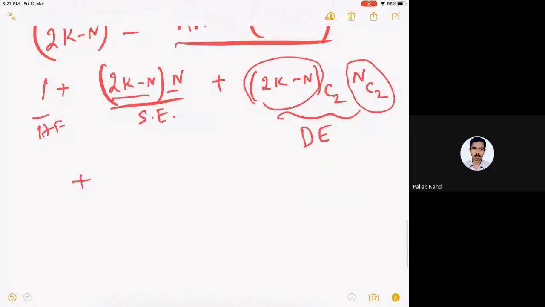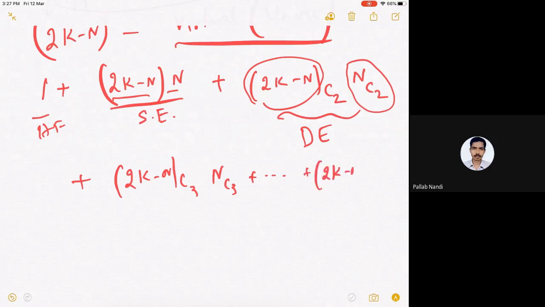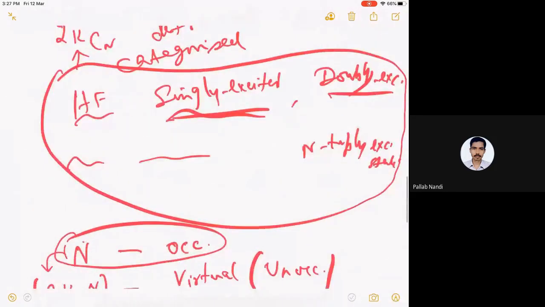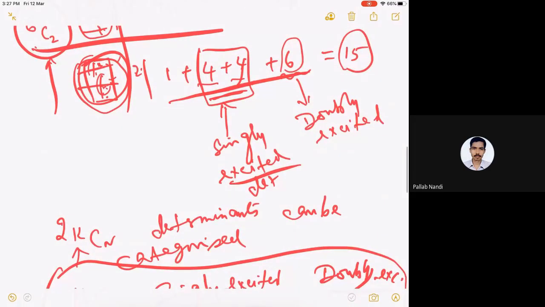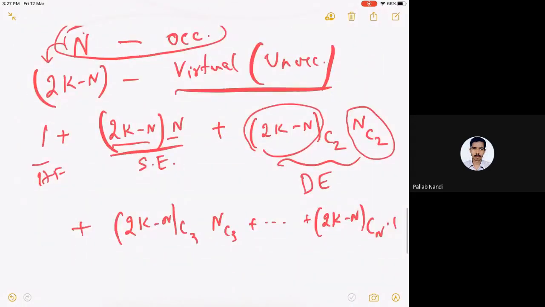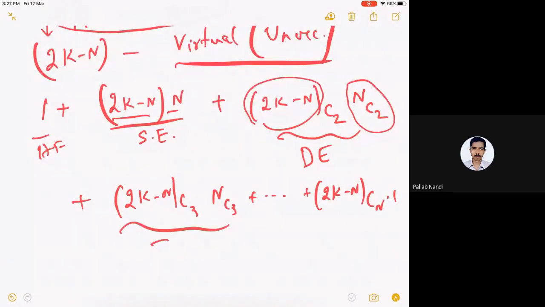Then similarly you have 2k minus n C3 times nC3 and so on. Till at the end, you will have 2k minus n Cn times nCn, which is just 1. When I take n-tuply excited, that was nCn. There's only one way of taking out from here. So this is triply excited, and this is your n-tuply excited.